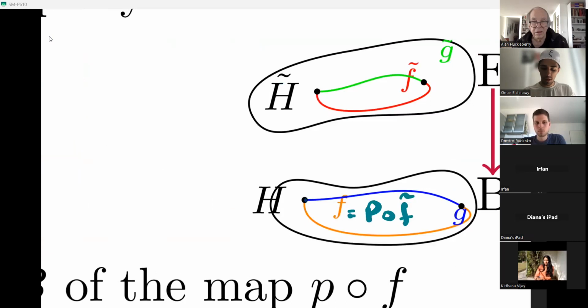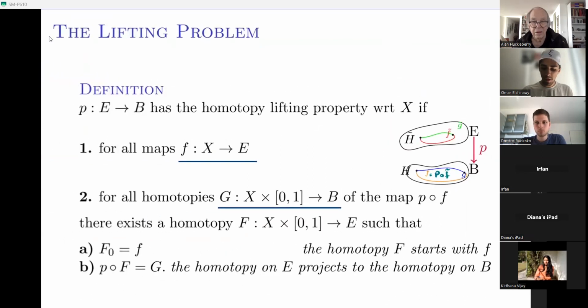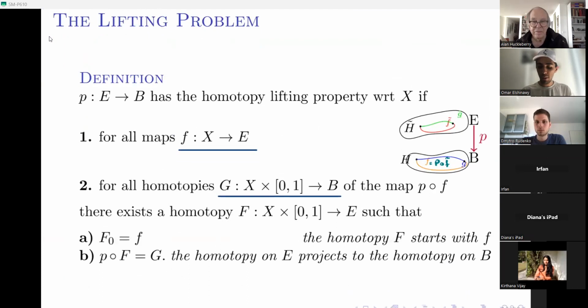So the projection of this one is probably that one, and that's one way to think about it. And then we look at all maps and their homotopies. The homotopy of the projection of maps in here. And then we find a homotopy that's equivalent to it.